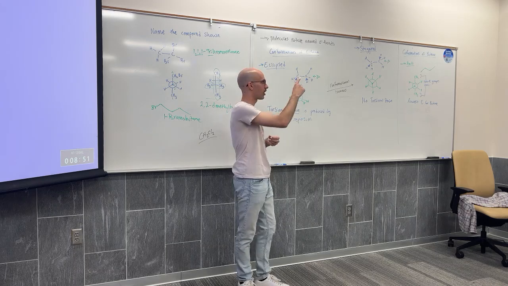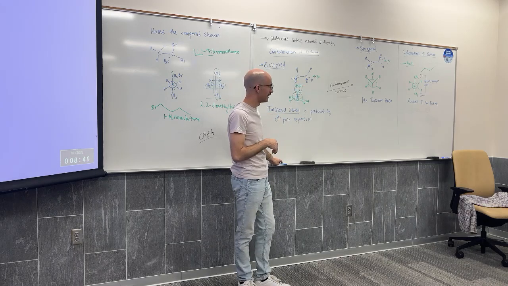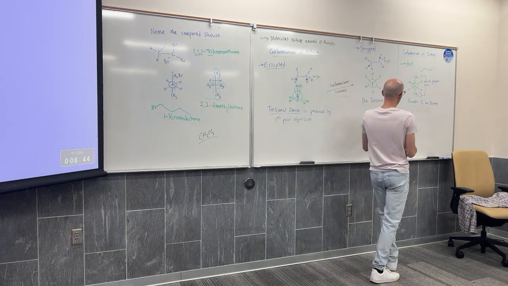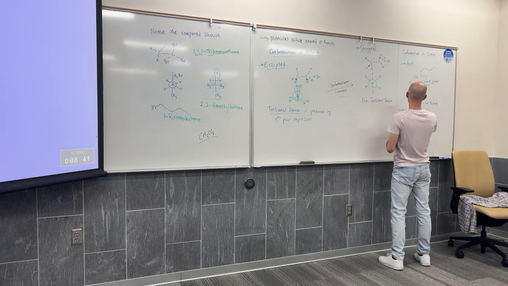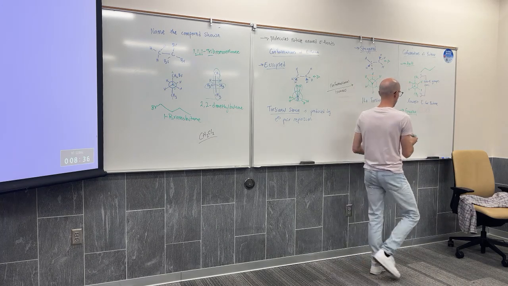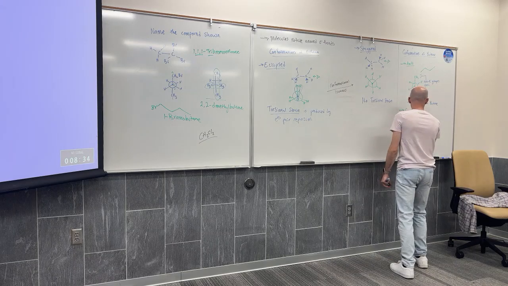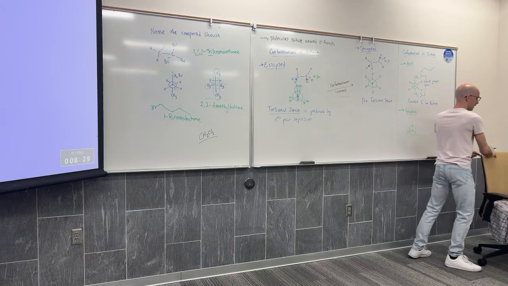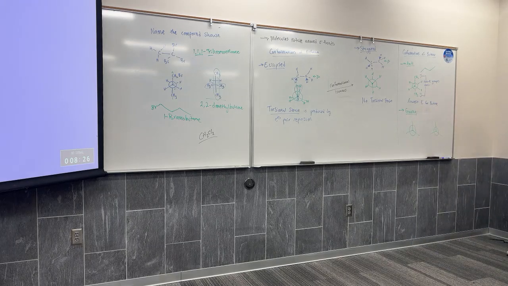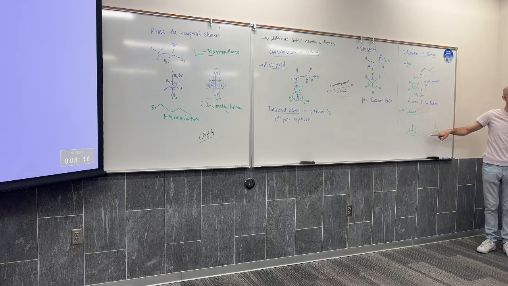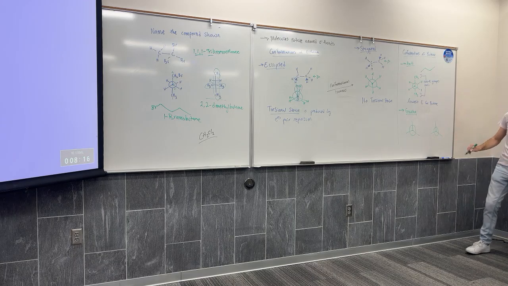So what I'm going to do for the next structure is rotate the back carbon by 60 degrees, and I'll rotate it by 60 degrees in 2 different directions. So I'm going to draw 2 different Newman projections here. If I rotate from a staggered conformation by 60 degrees, I'm going to end up in an eclipsed conformation.